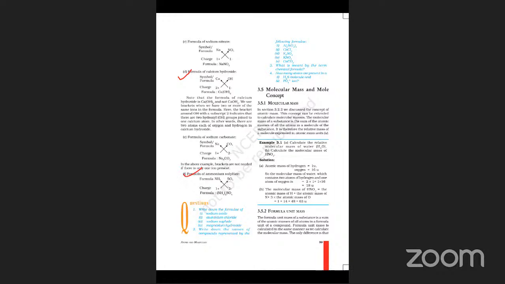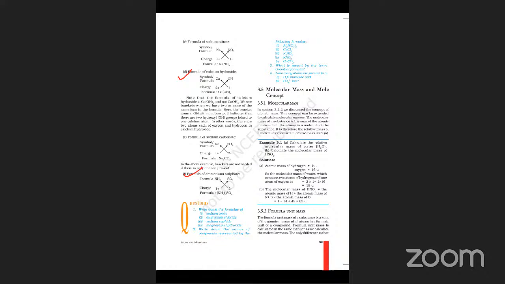Just go through these two examples. See, calcium hydroxide. Hydroxide means OH. You know the tables I showed you before about ions; there was the hydroxyl ion, which contains oxygen and hydrogen. And calcium is Ca.